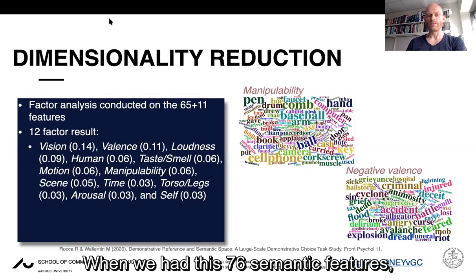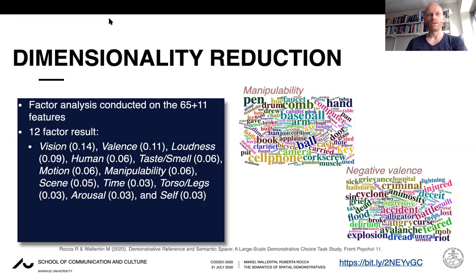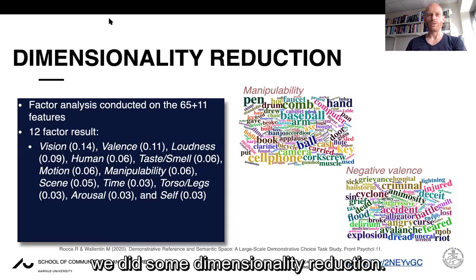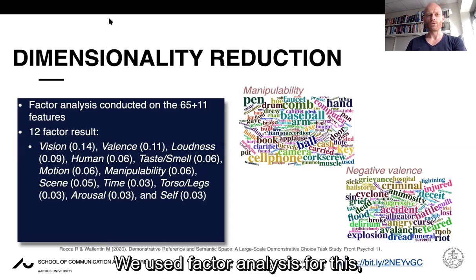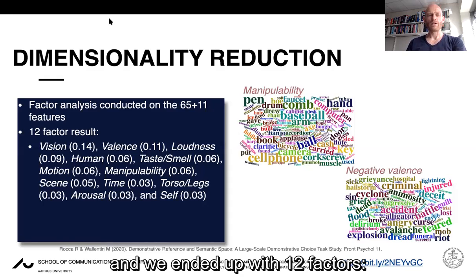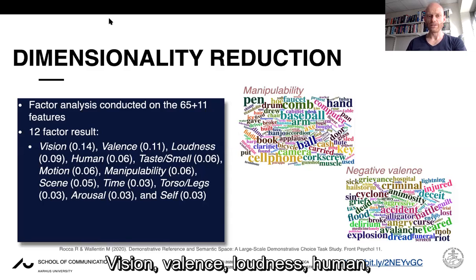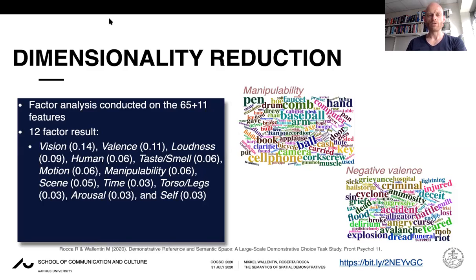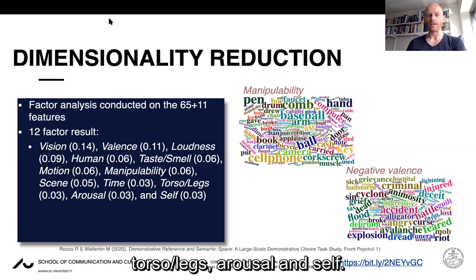When we had these 76 semantic features, some of them are correlated, so therefore we did some dimensionality reduction. We used factor analysis for this, and we ended up with 12 factors: vision, valence, loudness, human, taste, smell, motion, manipulability, scene, time, torso legs, arousal, and self.